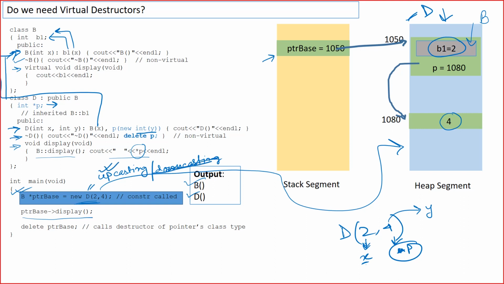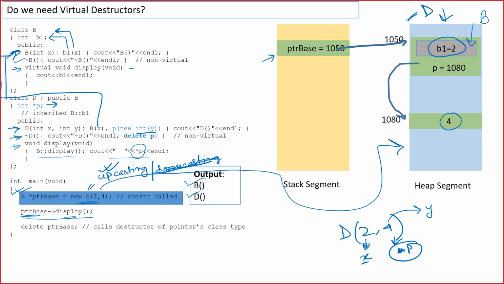After that, with this base pointer we want to access this function display. What will it display? It will check whether this display function has any virtual version or not. Display is a virtual function in base.